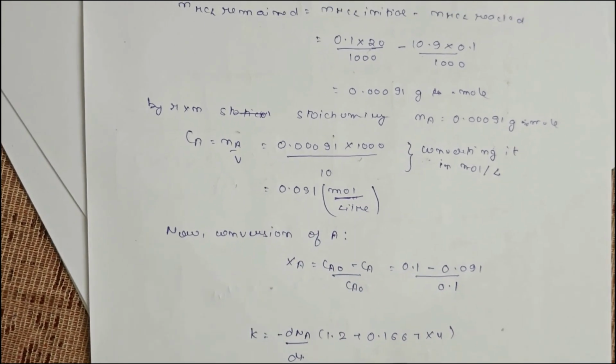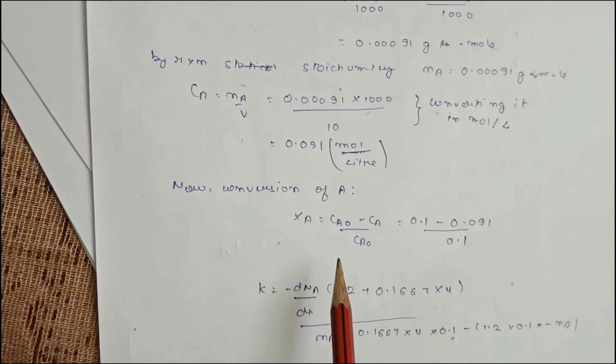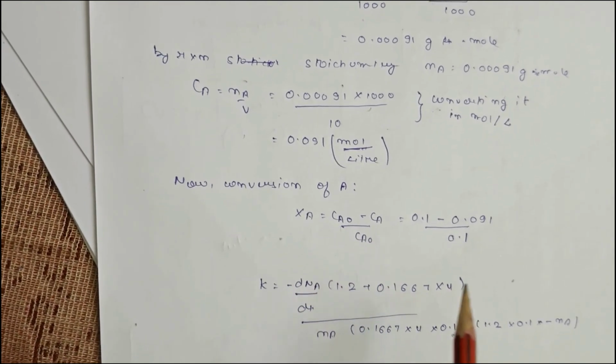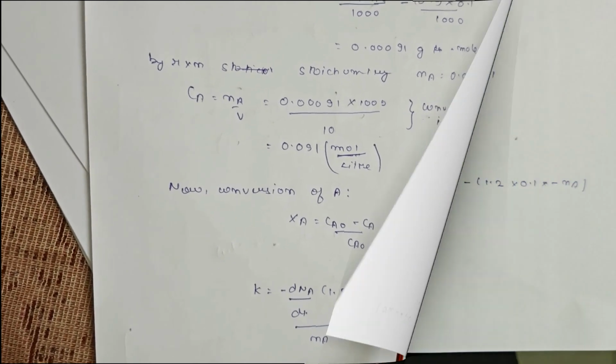Now the conversion of A can be given by the formula X equals (Ca0 minus Ca) upon Ca0, and after substituting the values we get (0.1 minus 0.091) upon 0.1.